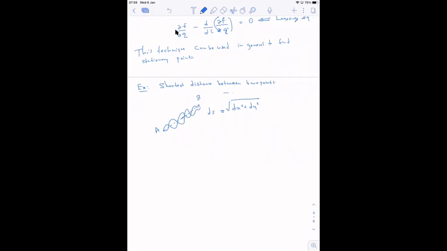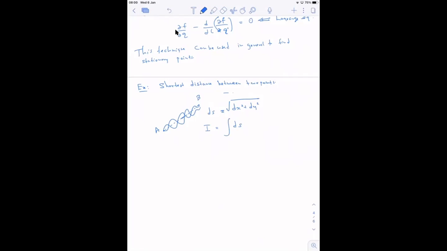The idea is, this is actually what we did throughout this proof. If you take this integral of the function ds, then you have to find the stationary points of this particular function in order to have the shortest distance.